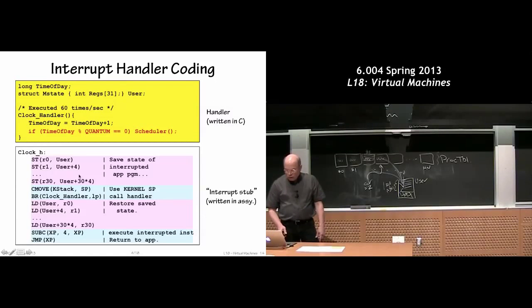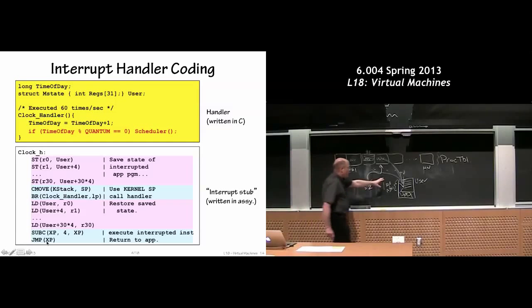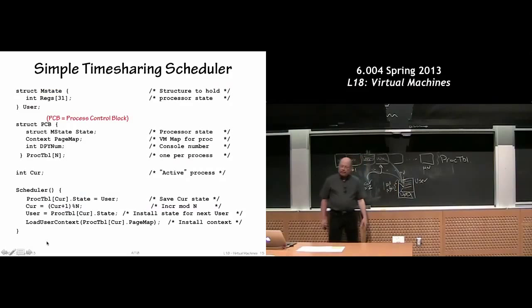And when I return from the scheduler call, that means I'm going to return from the clock handler, which means I'm going to load up the registers from here. So whose registers am I loading up when I return after calling scheduler? The registers for the new process, right? What I've done is I've sort of pulled a fast one on the clock handler. He says, look, I put a bunch of registers in there. I'm going to restore them. I pulled a fast one in the scheduler simply by swapping the registers that are in the locations that will be used to restore the actual hardware registers.